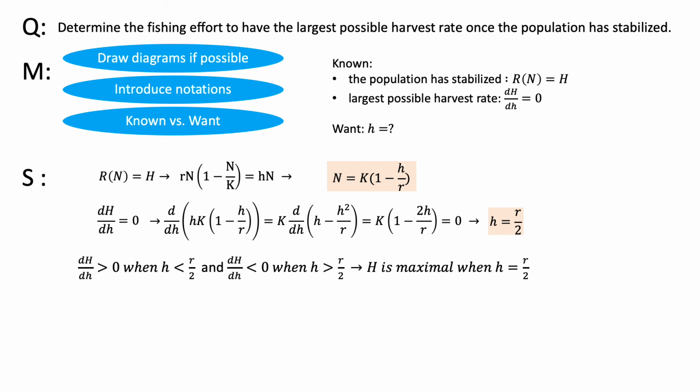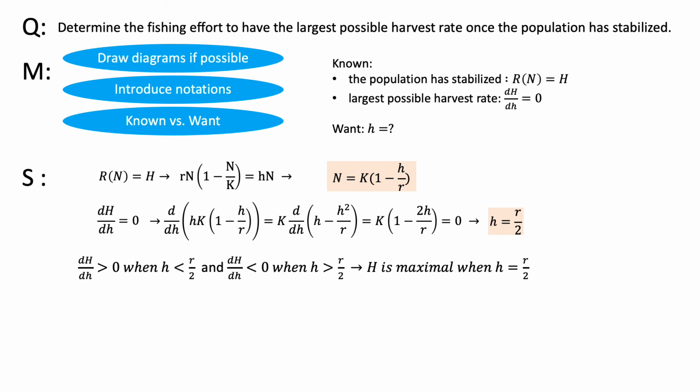So by the first derivative test, we know capital H is maximal when small h is R over 2. So we can guarantee that the value R over 2 is what we want. We finished solving this math problem.